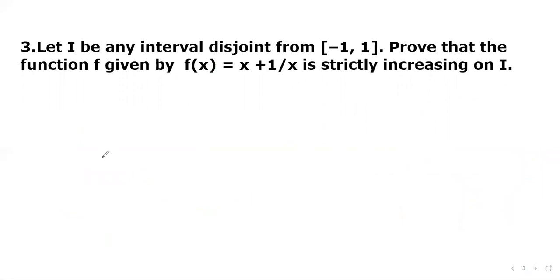Next question. Let I be any interval disjoint from -1, 1. Prove that the function f given by f(x) equal to x plus 1 upon x is strictly increasing on I. Question. f(x) is equal to x plus 1 upon x.